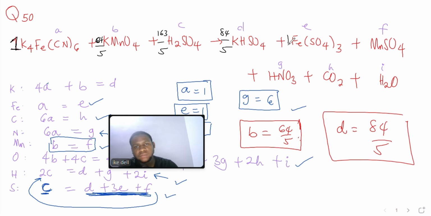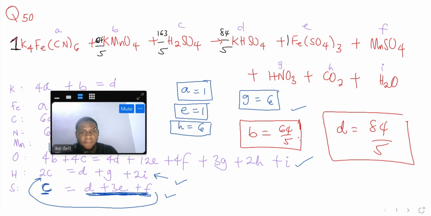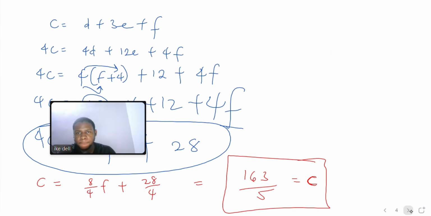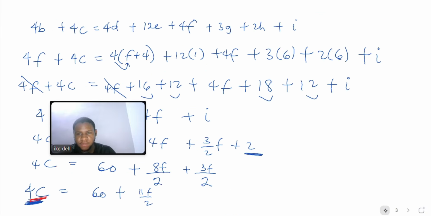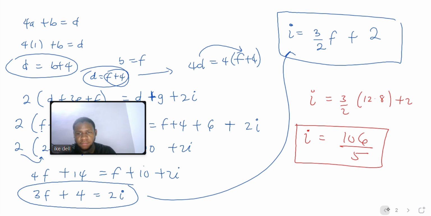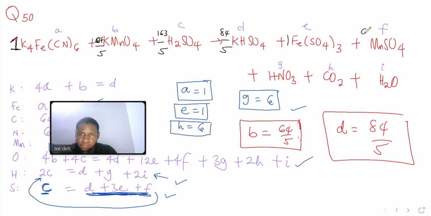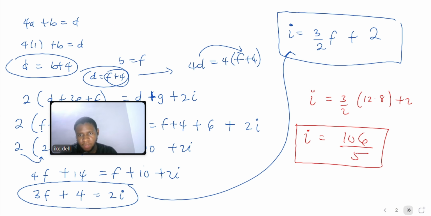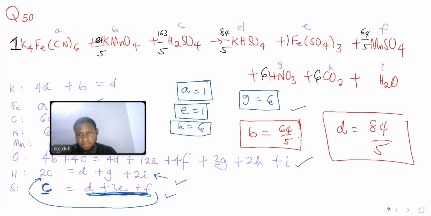E is 1. F is 64 over 5. G is 6. H is 6. I is 106 over 5. Okay, so these are our numbers.